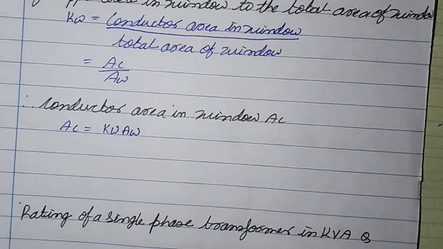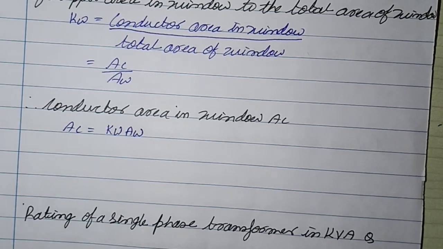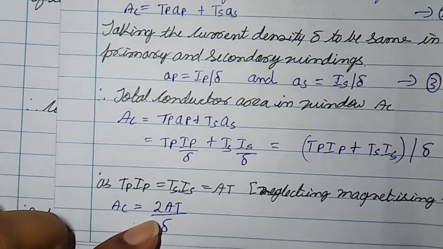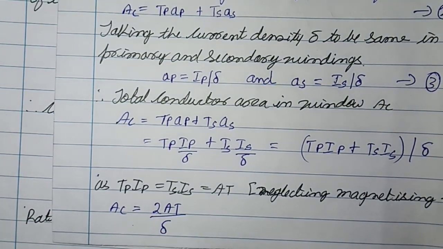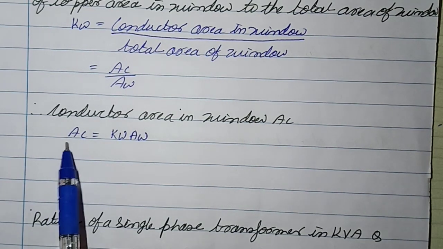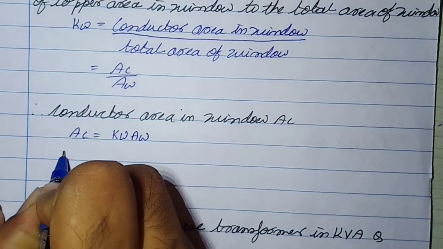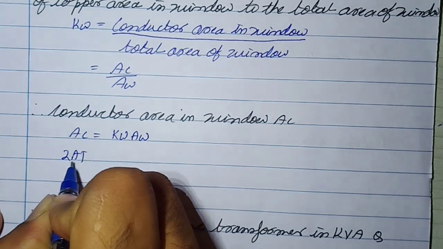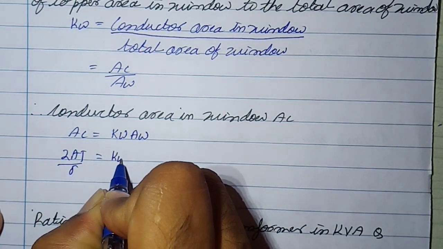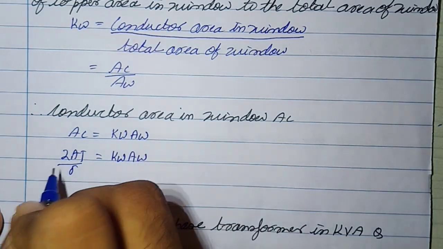From the earlier equation, we also know AC is equal to 2AT by delta. That is what we will be making use of here. So it is 2 times AT divided by delta, which is equal to KW into AW.